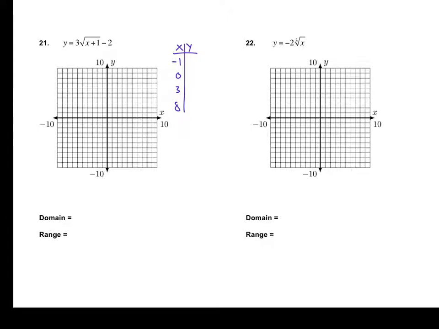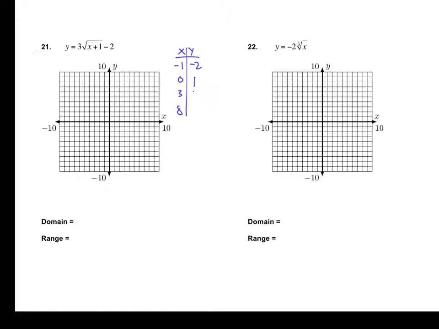Negative 1 plus 1 is 0, times 3 is 0, minus 2 is negative 2. 0 plus 1 is 1, square root of 1 is 1, times 3 is 3, minus 2 is 1. 3 plus 1 is 4, square root of 4 is 2. 3 times 2 is 6, minus 2 is 4. 8 plus 1 is 9, square root of 9 is 3. 3 times 3 is 9, minus 2 is 7.